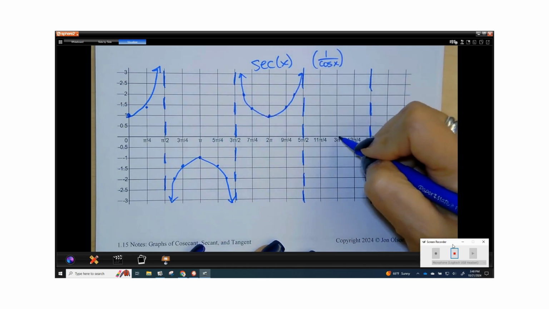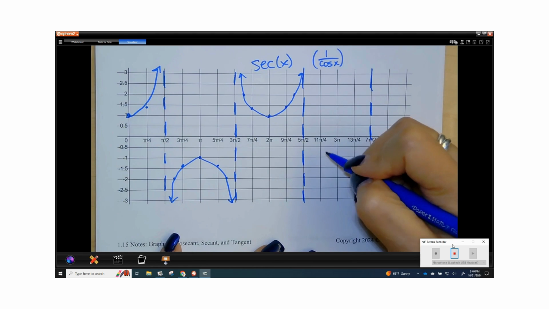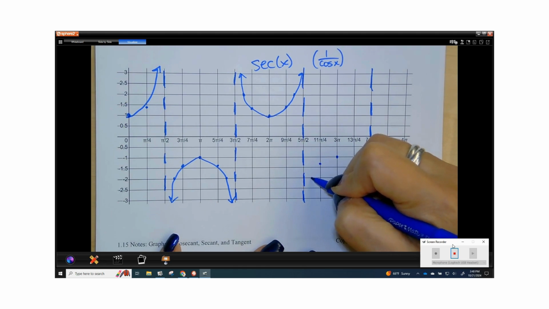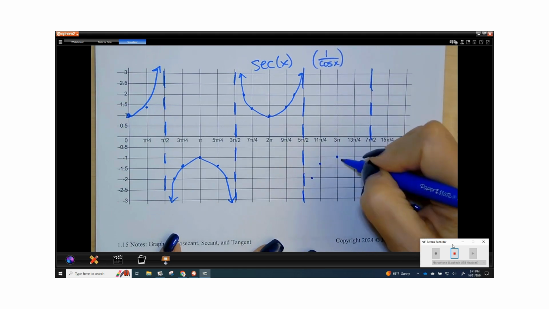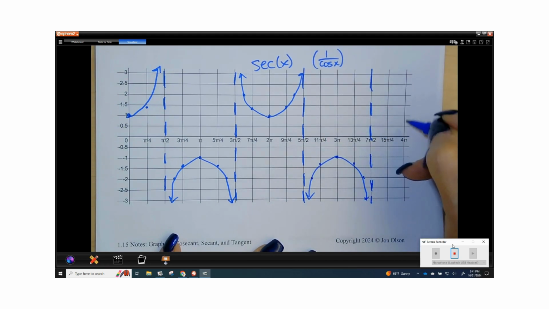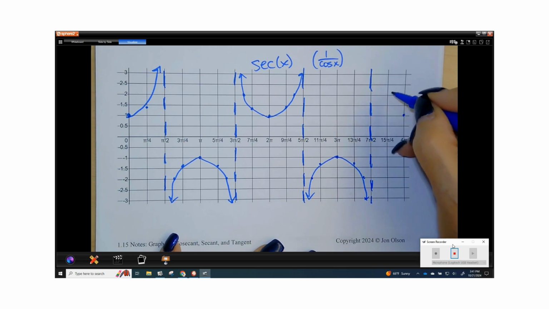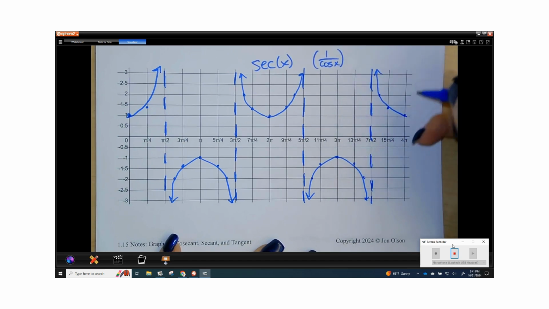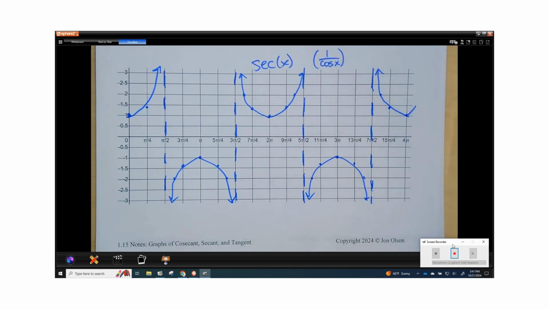Here is negative 1, negative 1.4, negative 1.4, negative 2, negative 2 between there. And here it is positive 1, 1.4, positive 2. Just going to do half of it there. The other half goes up like that. This other half goes up like that. Okay, so there is secant.